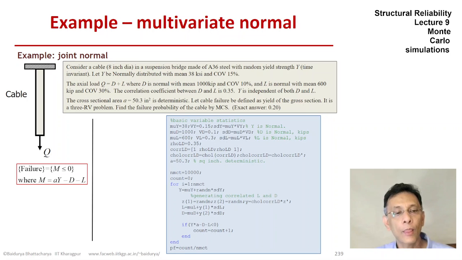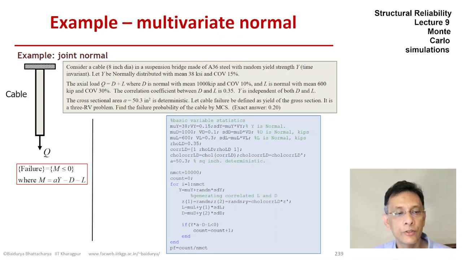And then we use that to multiply with the independent Z's and obtain Y. Now Y has the desired dependent structure, and now we multiply Y with the desired standard deviation of L and add to it the mean of L to get one value of L. Likewise, we do it for D, and the correlation coefficient between L and D is now what we want it to be.